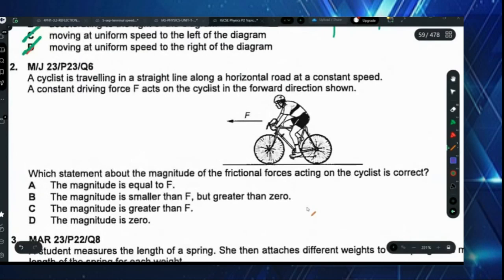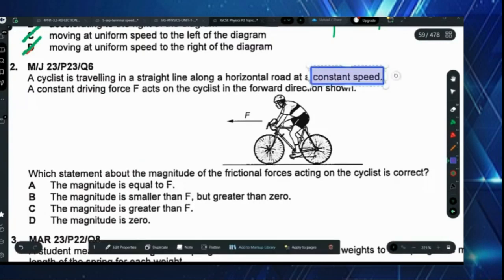Okay. Next question is, a cyclist is traveling in a straight line along a horizontal road at constant speed. A constant driving force F acts on the cyclist in the forward direction as shown. Again, a horrible question. Here is the key of this question: constant speed.